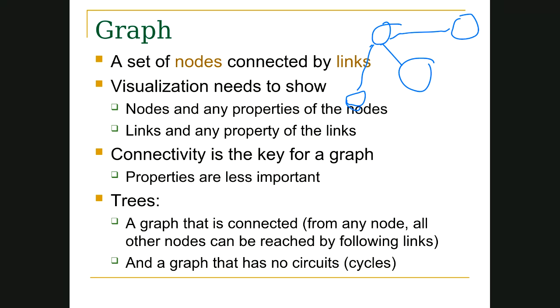If I have a graph with n nodes, in order for it to be a tree, I need to have n minus 1 edges. That holds true all over the place. And that is the definition of a tree.